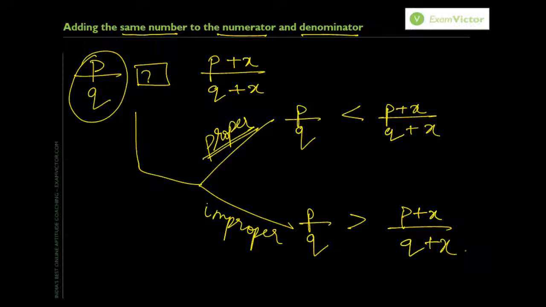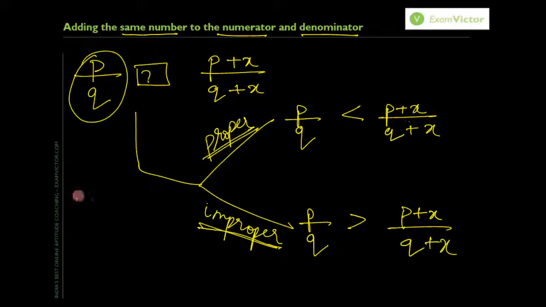This is what you need to remember. Now, what is a proper fraction? What is an improper fraction? There is a video on that. Look at the fraction basics video. This will make it clear. Proper fractions are those where the numerator is smaller than the denominator. Improper fractions, numerator is greater than the denominator. So depending on whether it's a proper or improper fraction, this is how the rule works out.